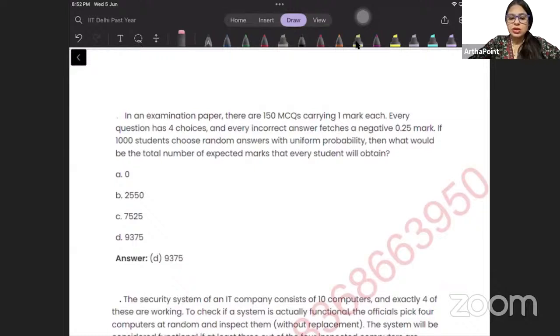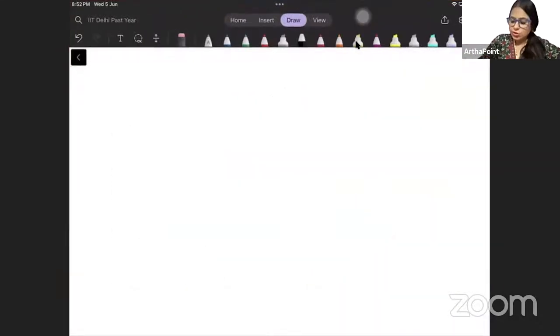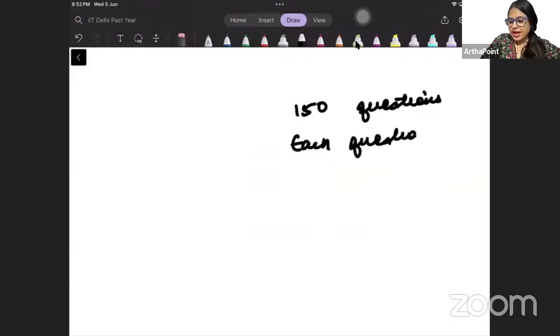So in this question, they are telling us that, I'm just going to open the calculator also for this. So we have 150 questions, each of 1 mark. For each question, I am just marking the answer randomly, beta.